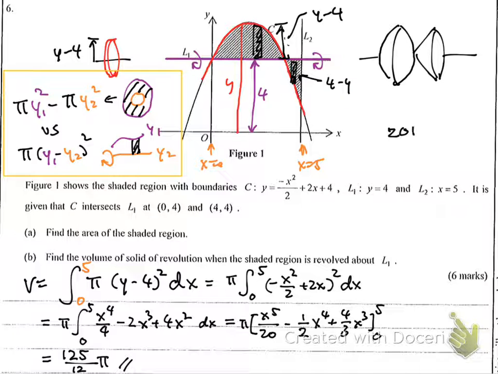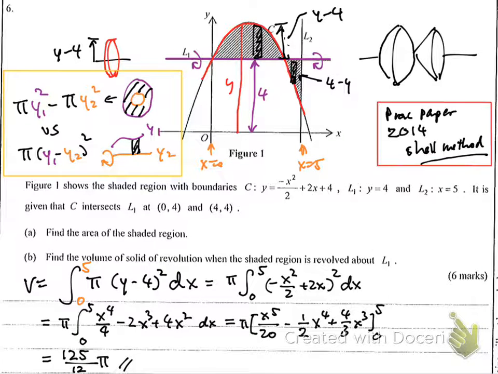Alright, in 2014 and the practice paper, they use a method we call the shell method, which is out of syllabus now. It was in the old syllabus, but not anymore. So you don't have to worry about these two questions on the past paper. The method that we use is called this method. But in these two past paper questions, they have to make use of the shell method, which is not covered. So you don't have to worry about these two questions.